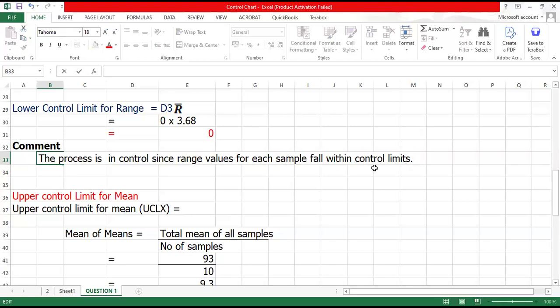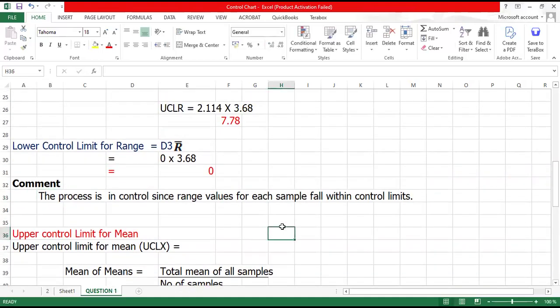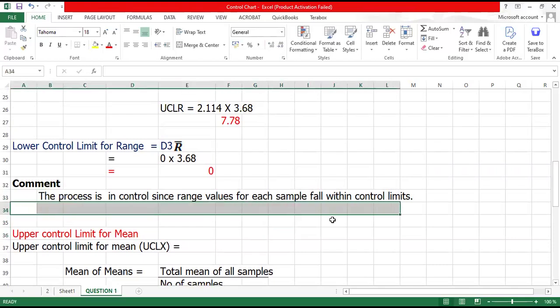The control limits are upper limit and lower control limit. Is this clear? And you're done. 7 marks. You're done.